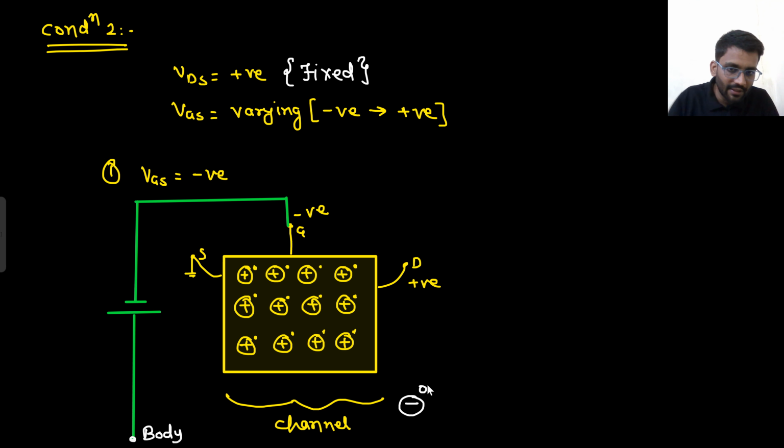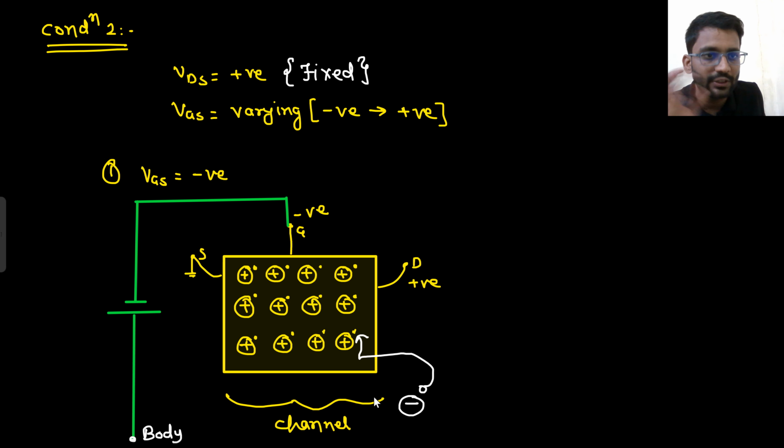They will go into the channel and recombine with the electrons, and these electrons will be eradicated from there. So if you are giving the negative supply at the gate terminal, your channel is getting depleted of charge carriers. This is one analogy, one way of understanding it.